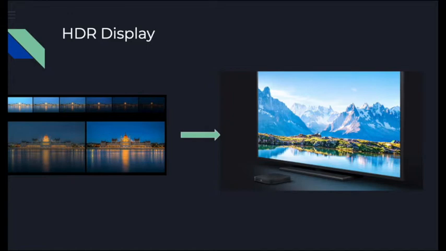Both TV HDR and HDR image have the same aim: make the digital version of reality more like what we see in our real life. However, they still work differently. TV HDR is an important display process. It requires the TVs to recognize the HDR content and display it properly.